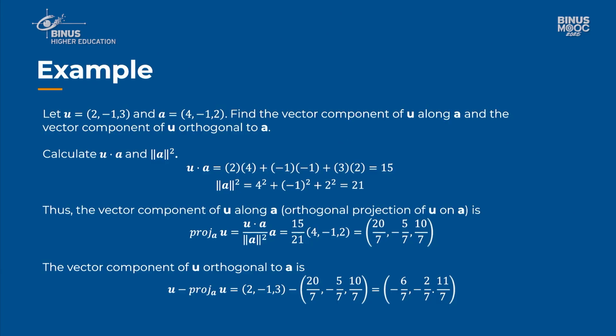And the vector component of u orthogonal to a is u minus the orthogonal projection of u on a, which equals (2, -1, 3) minus (20/7, -5/7, 10/7), which equals (-6/7, -2/7, 11/7).